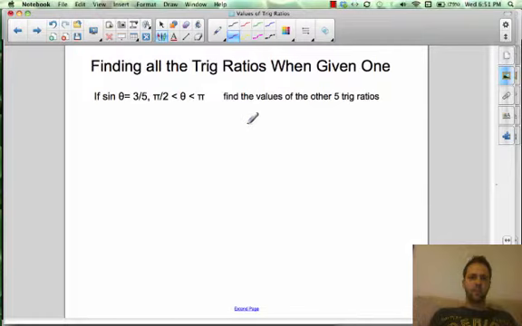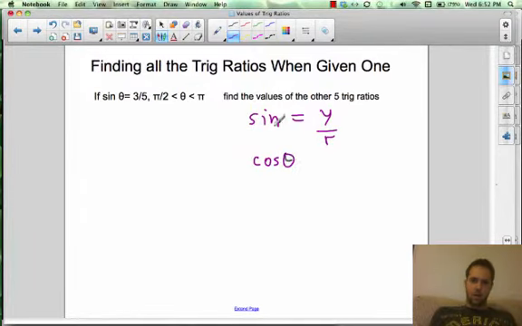So finding the values of all the other trig ratios. Now, sine, we know, is y over r. So it's the height divided by the radius of whatever the circle is that you're dealing with. And cosine of that same angle will be expressed as x over r.